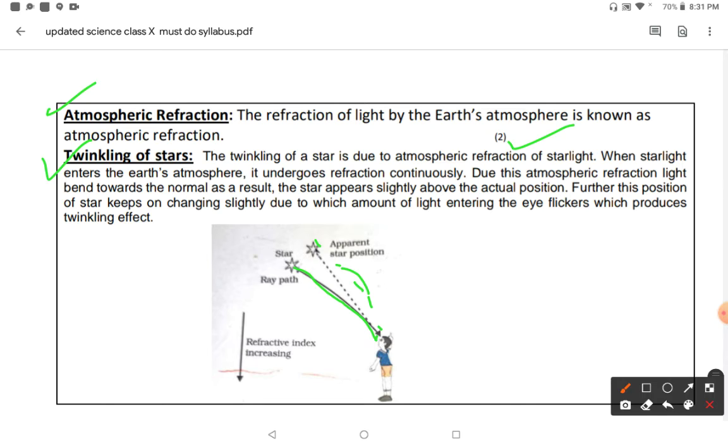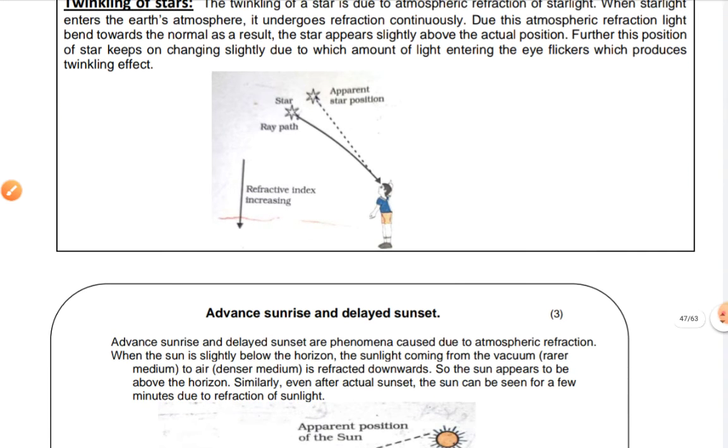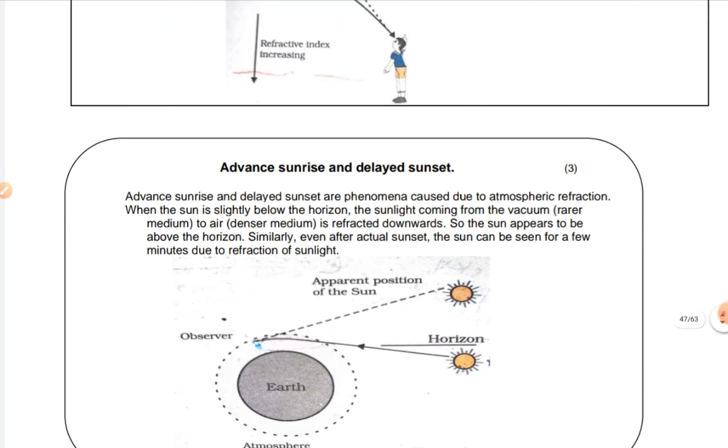So this is the reason stars twinkle. But sometimes the question asks why planets do not twinkle. Planets do not twinkle because they are nearer and the effect of atmospheric refraction is less.